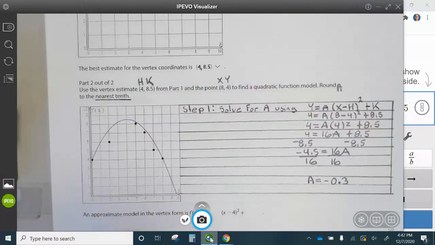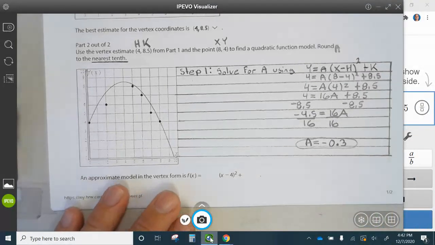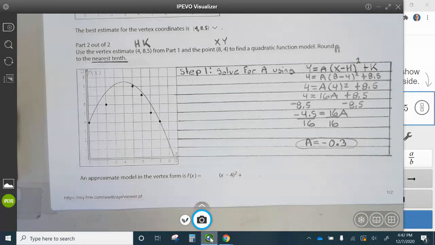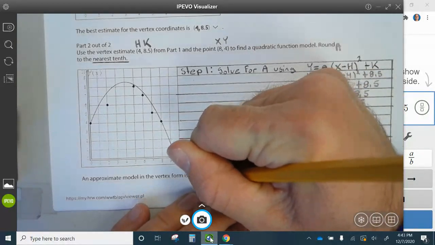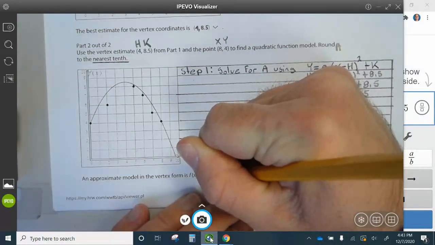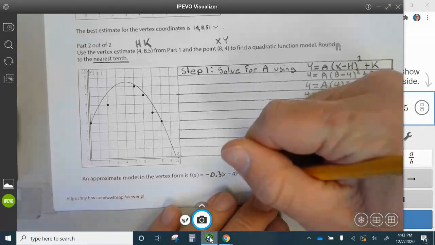So there's your A value. And the approximate model in the vertex form is f of x equals negative 0.3 times x minus 4 squared plus 8.5.